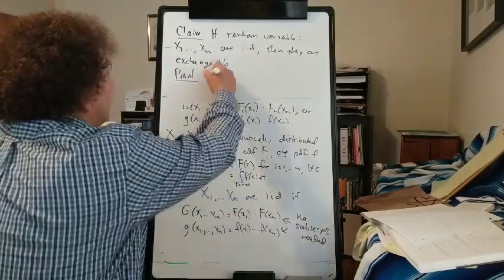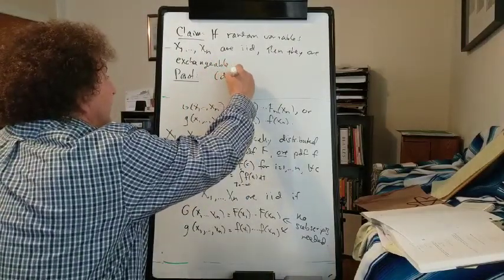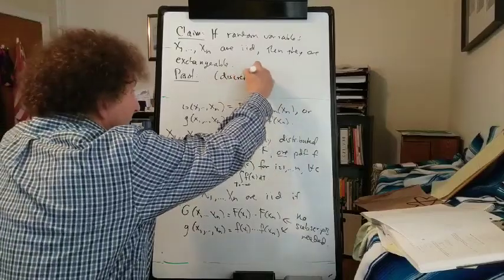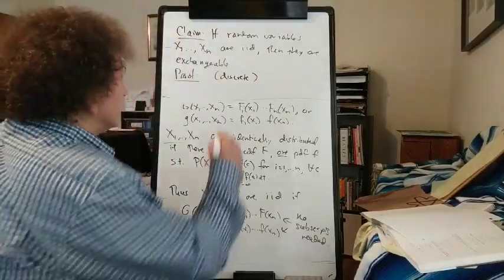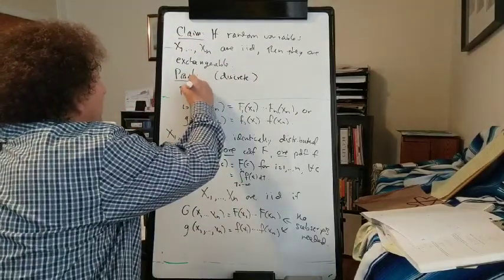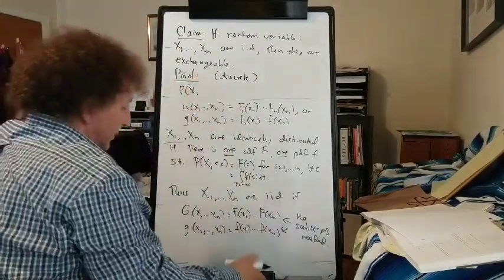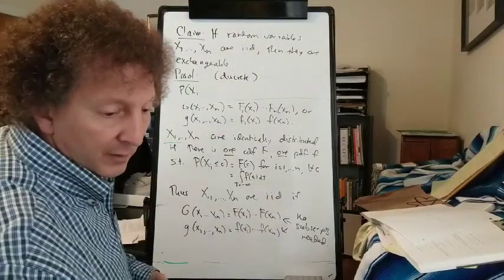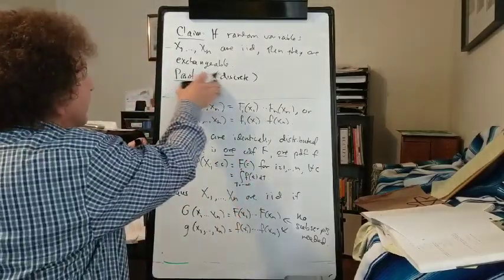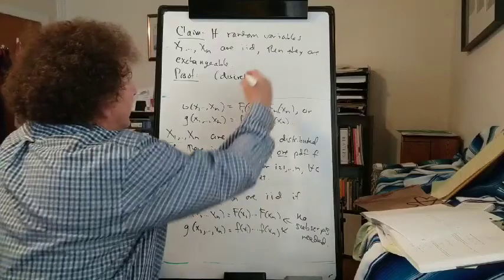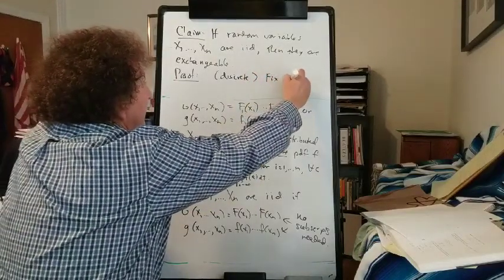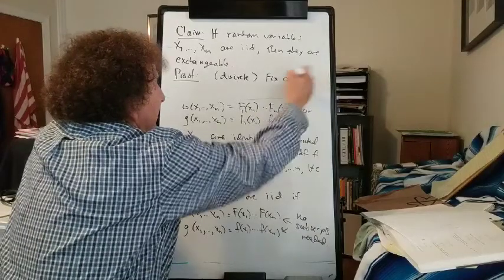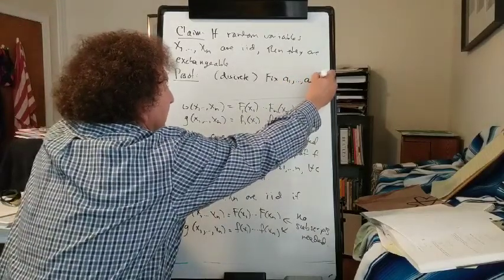So to prove this, let's look at the discrete case first. Let's fix n values a1 through an.